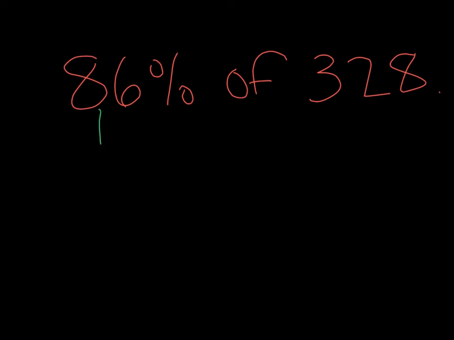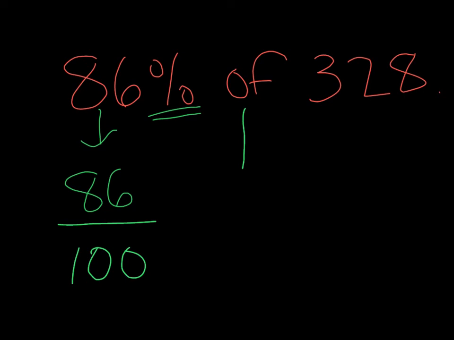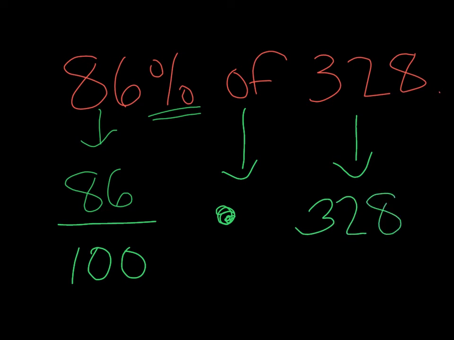I have 86, then I have the percent symbol. Put that 86 right over 100. Then I have the word "of," which means multiplication, and then I have 328.